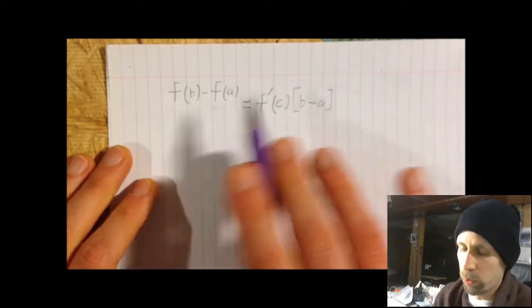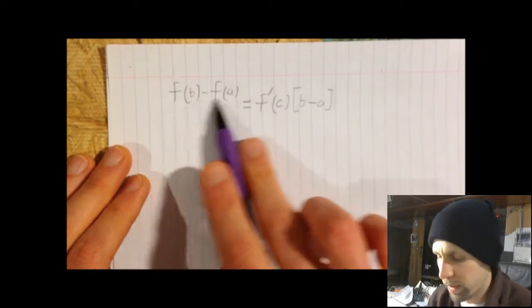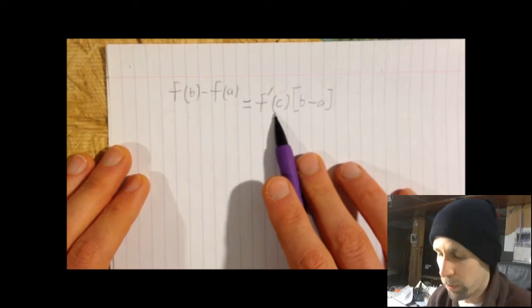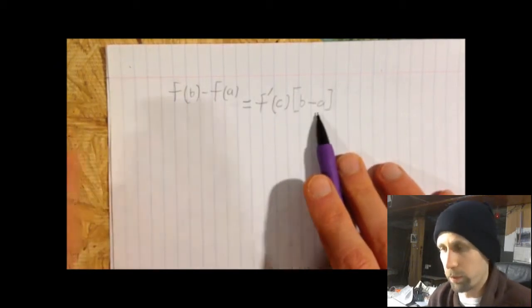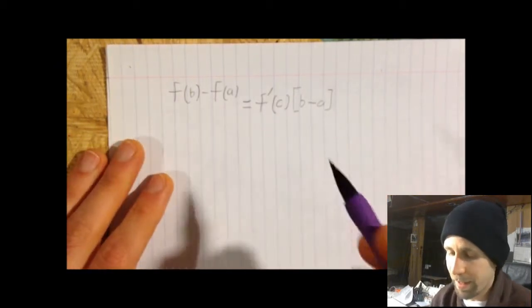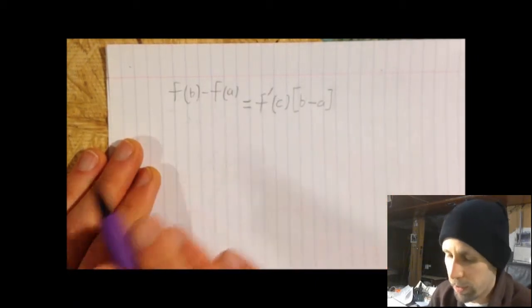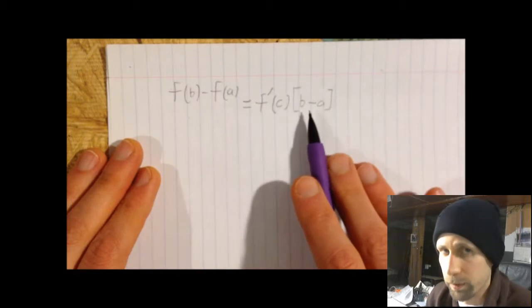So there's a way to trade up differences in a function for a single value of its derivative multiplied by the interval over which it is taken. This again is just a restatement of a relationship between a function and its derivative.